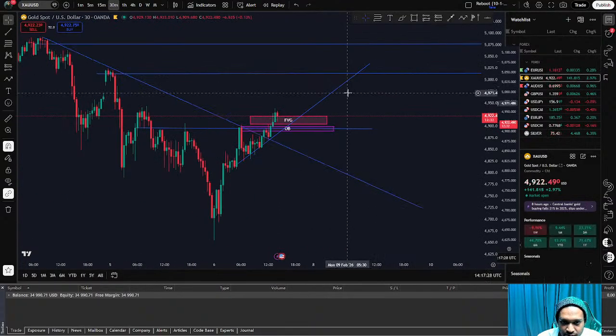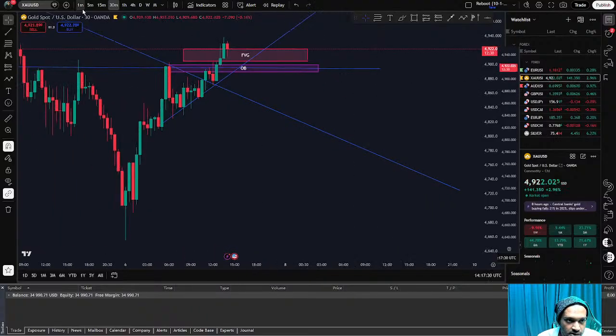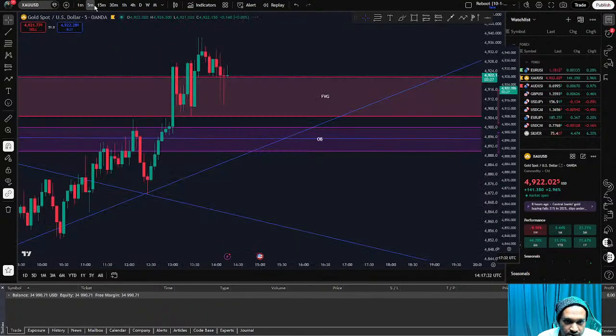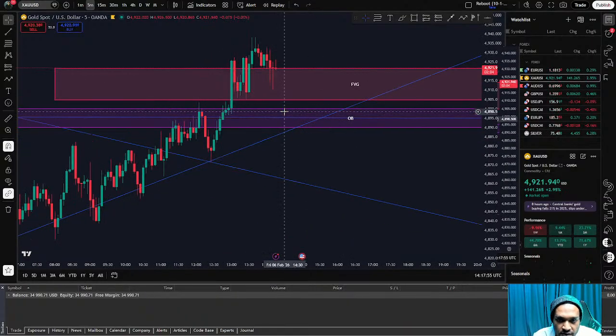So here we are, looking back at the fair value gap area here. So why is it a fair value gap?